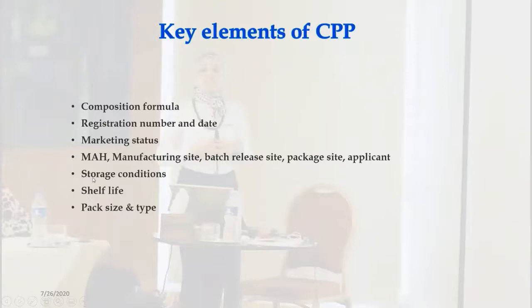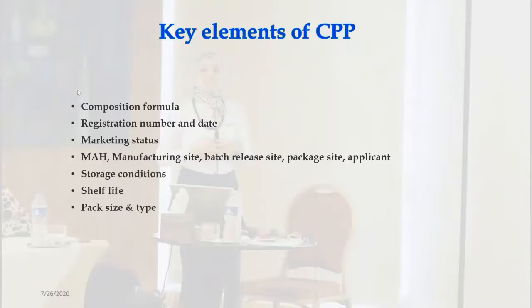As well, we have to include the storage conditions according to the approved information in the country of origin, and specify the shelf life of the finished product and the pack size and pack type. These key elements will be revised by the country to which we will export the product, as we go through the registration process.